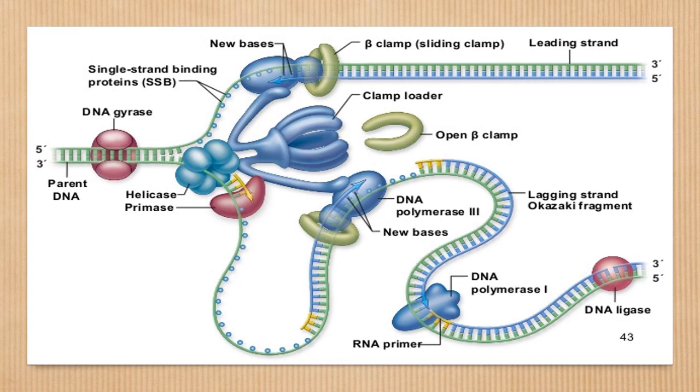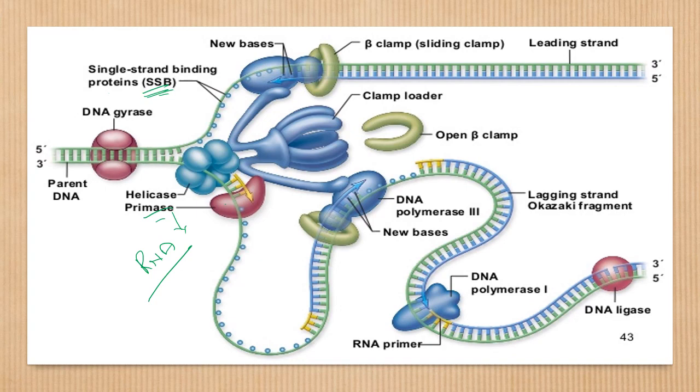Now SSB, single stranded binding proteins, you can observe they hold the unwinding strands in position. Primase is an enzyme helpful to synthesize the RNA primer. DNA polymerase elongates the DNA molecule.